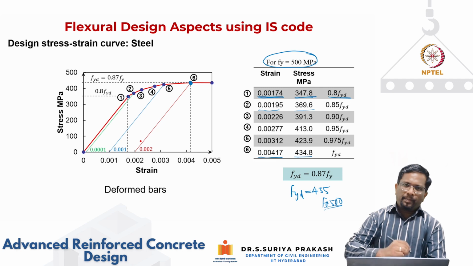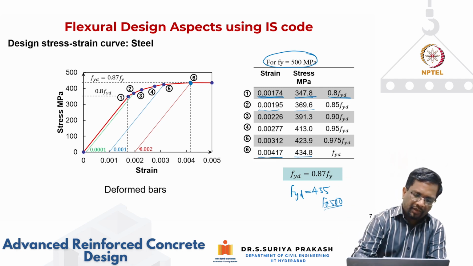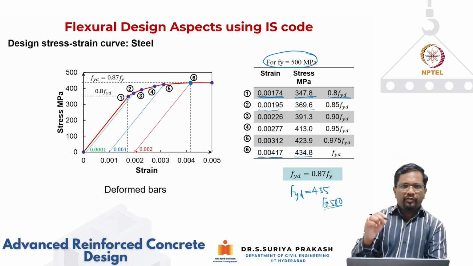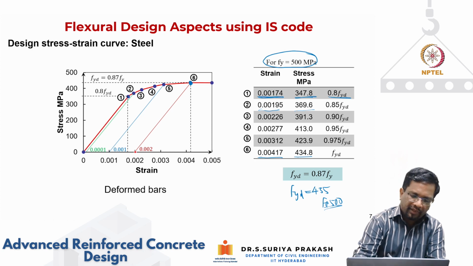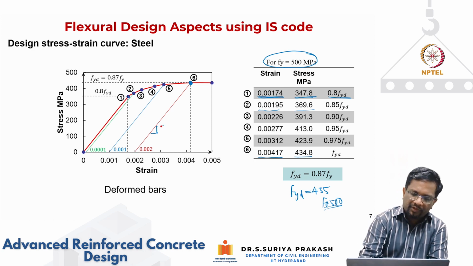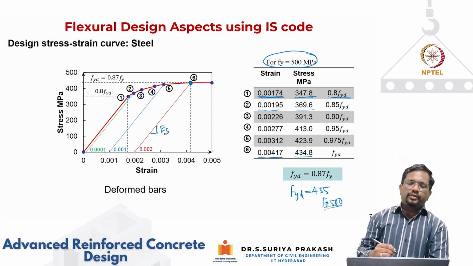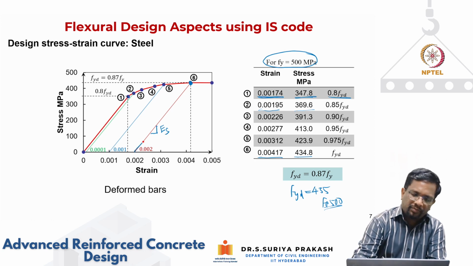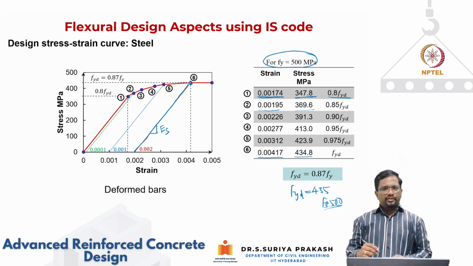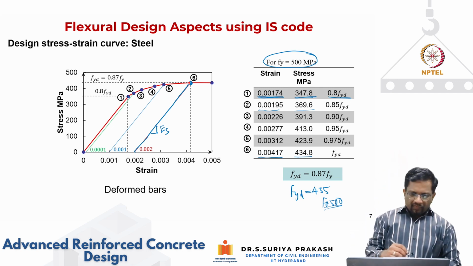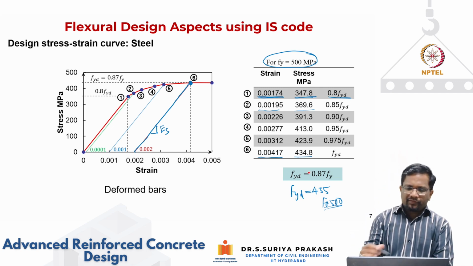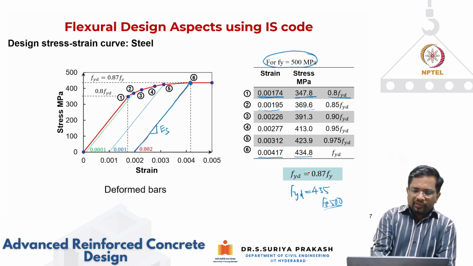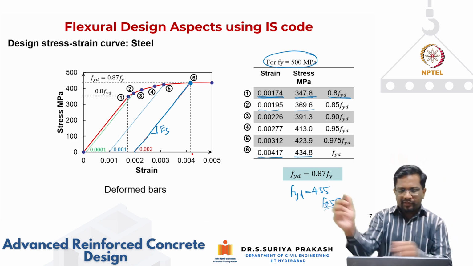We draw a parallel line at a strain of 0.002. I take the same slope, which is basically your elastic modulus. You take the same slope and draw like this, and wherever it touches the curve, that is going to be your yield stress. That yield stress we have defined as 0.87 Fy. So what would be the total strain corresponding to that?